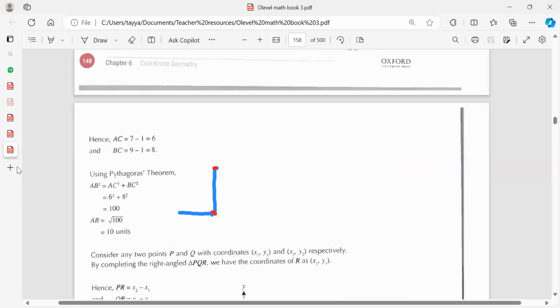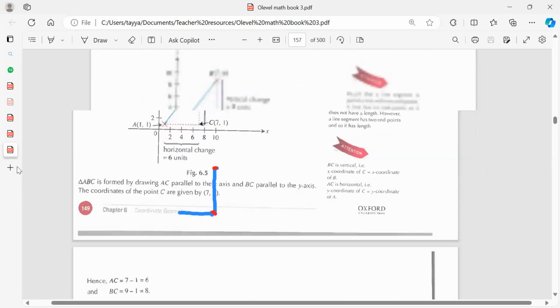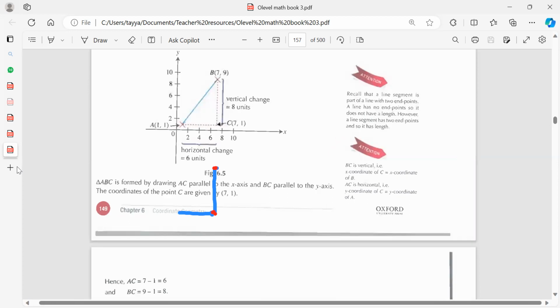For finding AC, we subtract 7 minus 1, the x-axis values. For finding BC, on the y-axis, 9 minus 1.